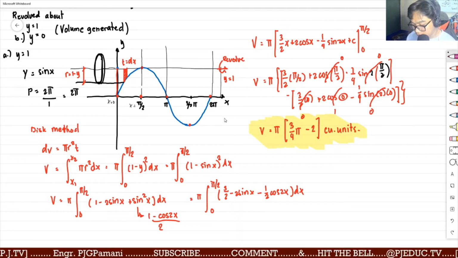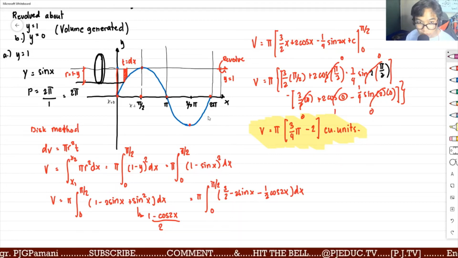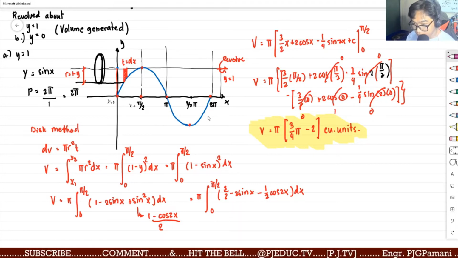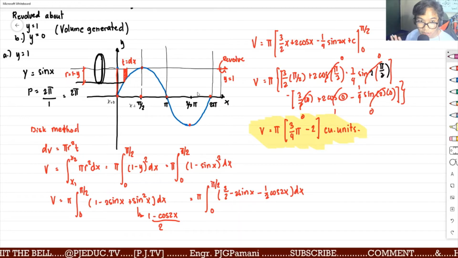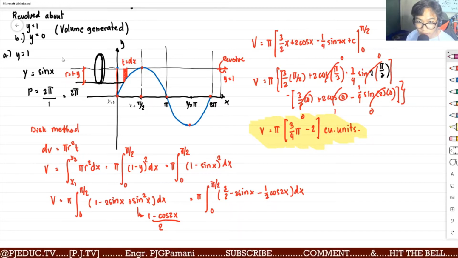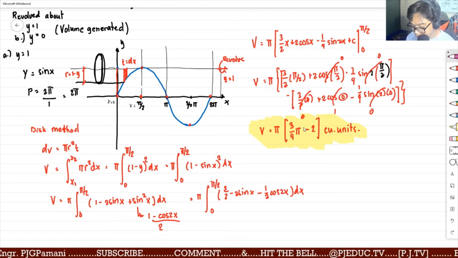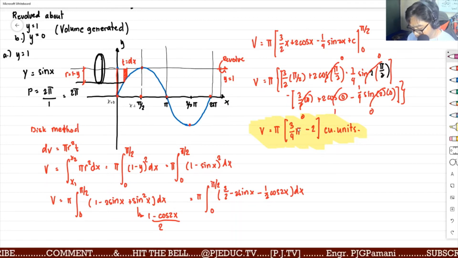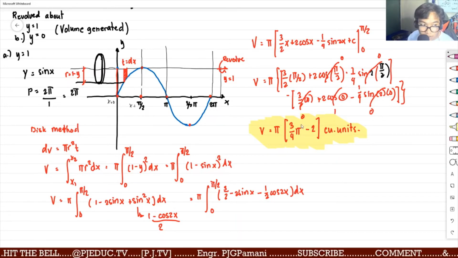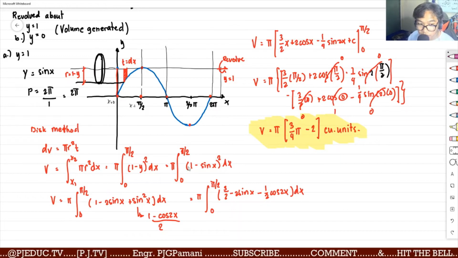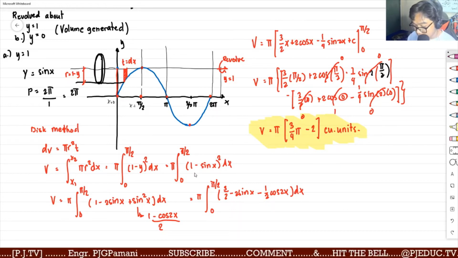So what if it is now going to revolve along y equal, ito pala, one arch that will revolve along y equal to 1. What if we're going to revolve that arch along y equal to 0? So far, na-gets po kung saan nakuha yung volume, yung limits natin. Sir.